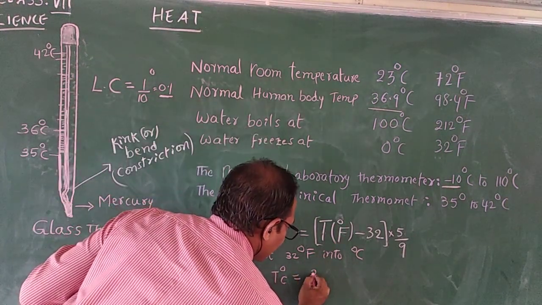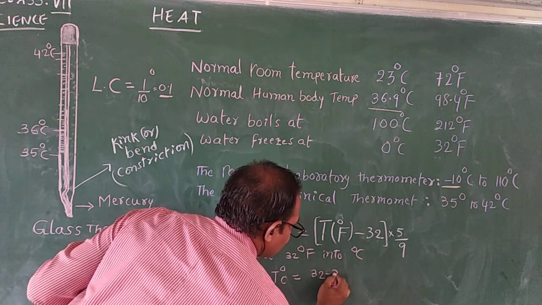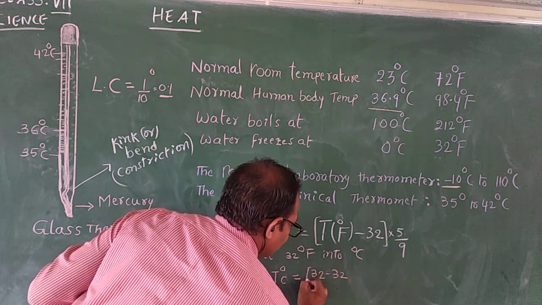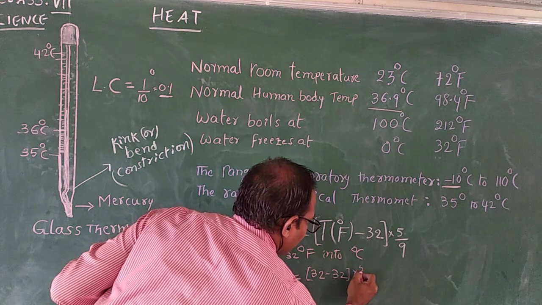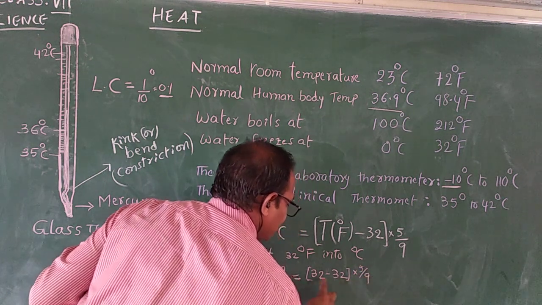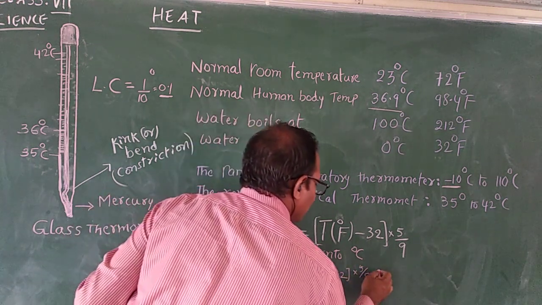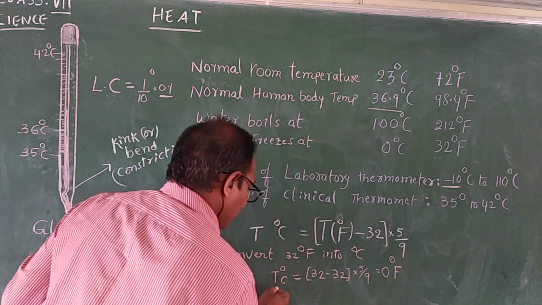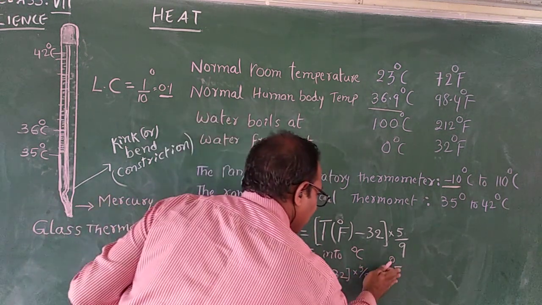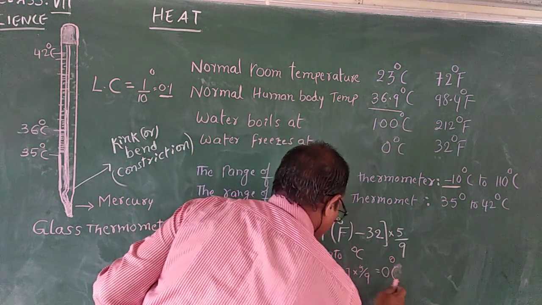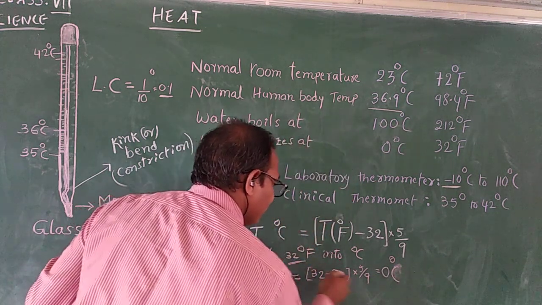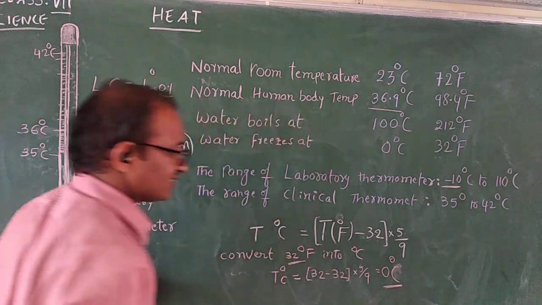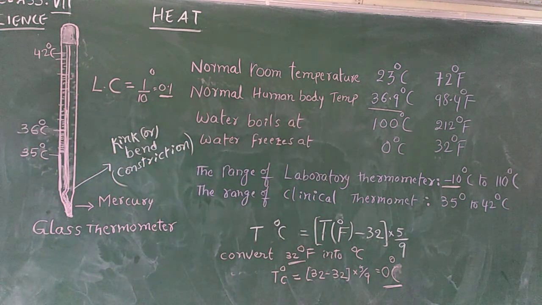How much? 32 minus 32, into 5 by 9. 32 minus 32 is 0. 0 into 5 by 9 is 0. So 32 degrees Fahrenheit equals 0 degrees Celsius. This way we can convert it.